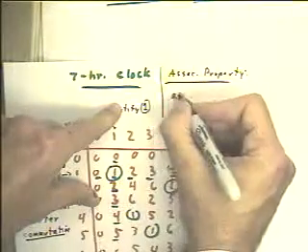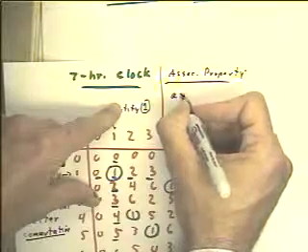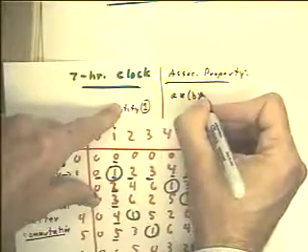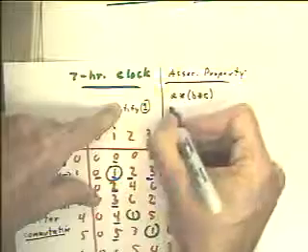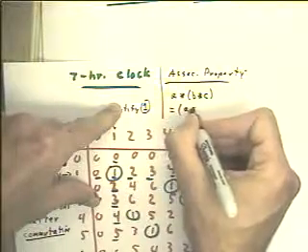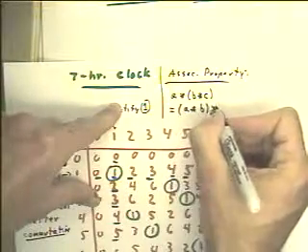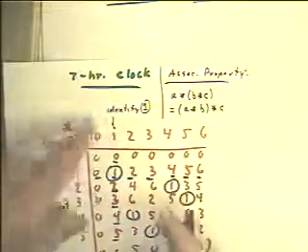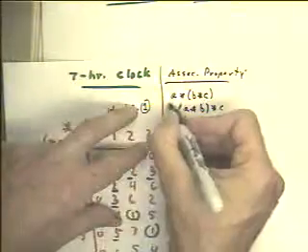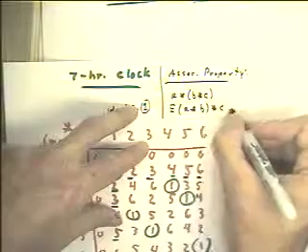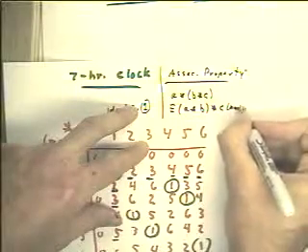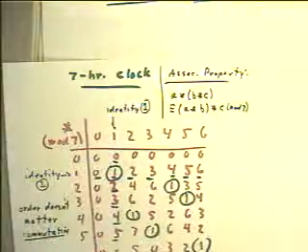The associative property states that A times B times C equals A times B times C for the operation, or we'll say is congruent to A times B times C mod 7 in this case.